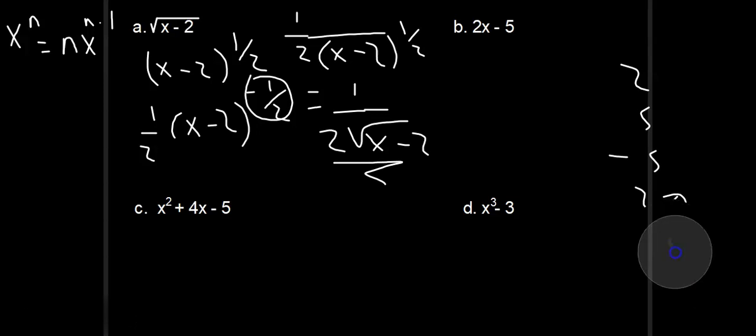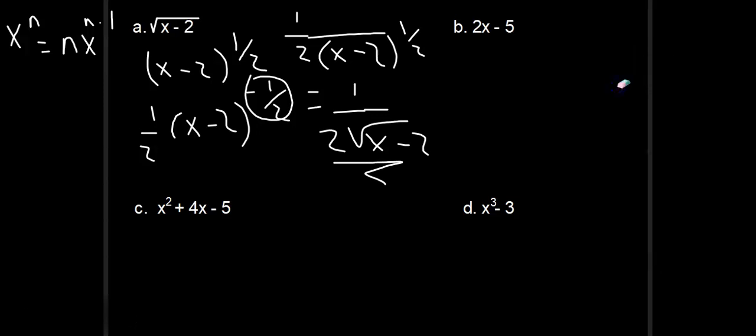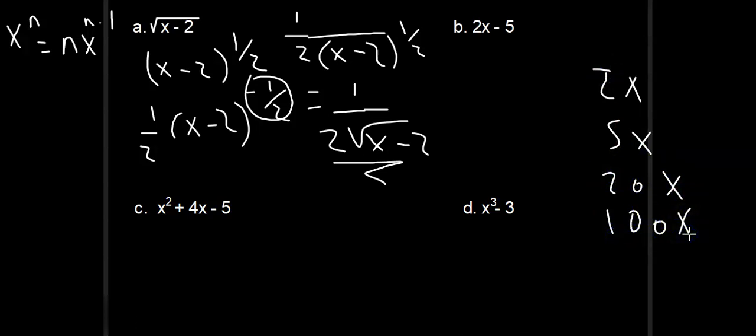The other thing that I want you to understand is the derivative of any variable term. What I mean by that is it can be 2x, it can be 5x, it can be 20x, 100x. The derivative of 2x becomes 2.